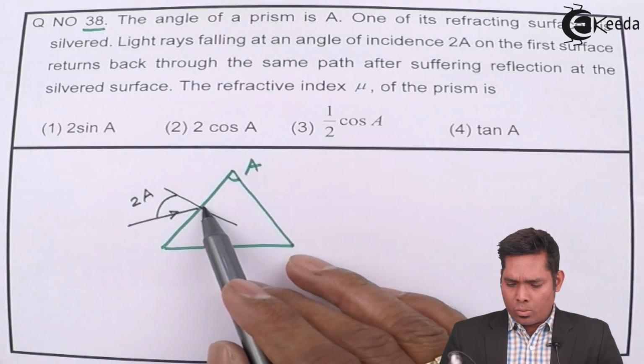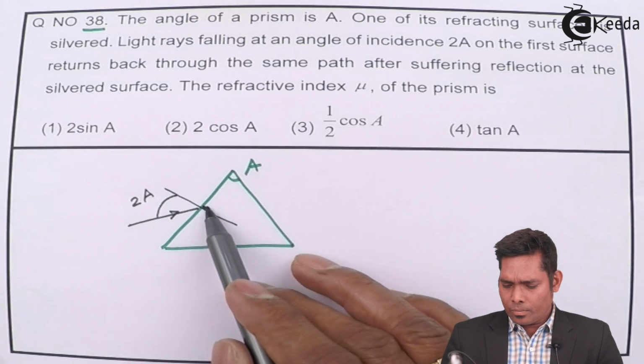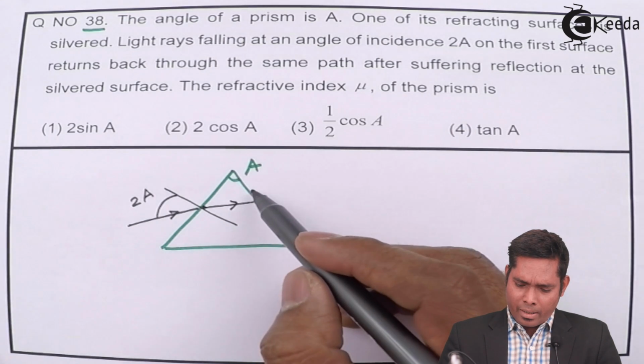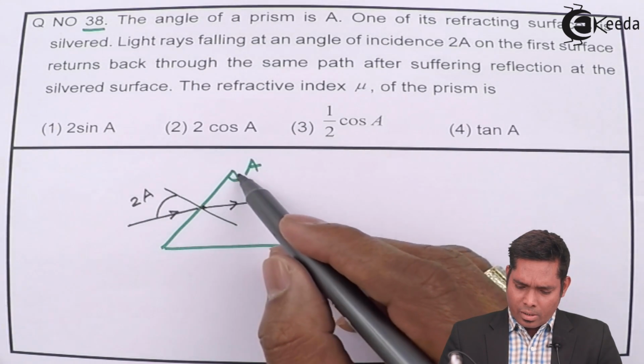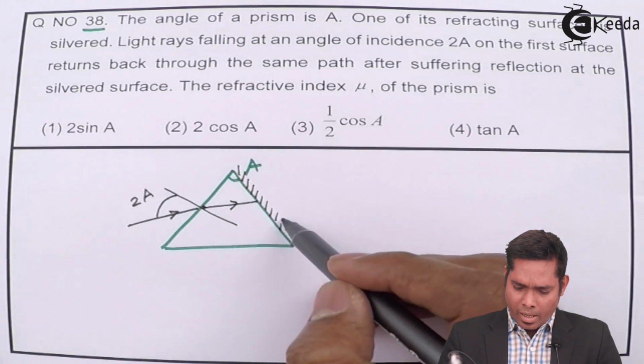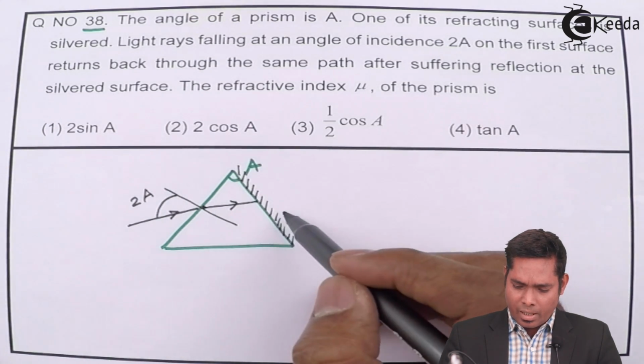Suppose it goes like that, and for this ray to return back, this surface is silvered. It acts like a mirror which sends the light back.